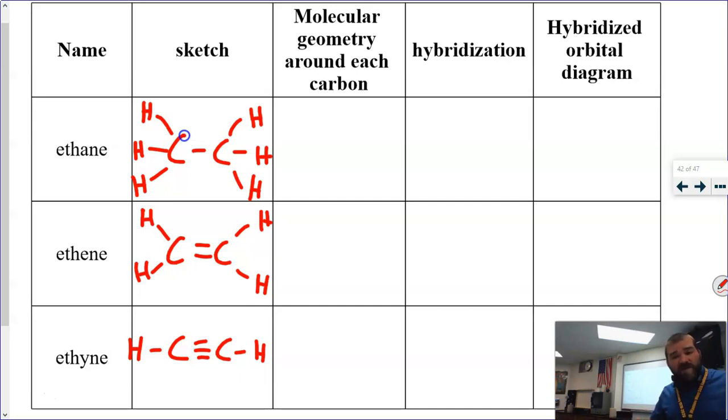Okay? What is the geometry that each carbon has in these 3 examples? Let's look at the coordination number. In the first example, the carbons have 1, 2, 3, 4 atoms around them, right? So if I look at the left-hand carbon, this carbon has 1, 2, 3, 4 atoms to separate. What is the geometry of coordination number 4? It's tetrahedral.